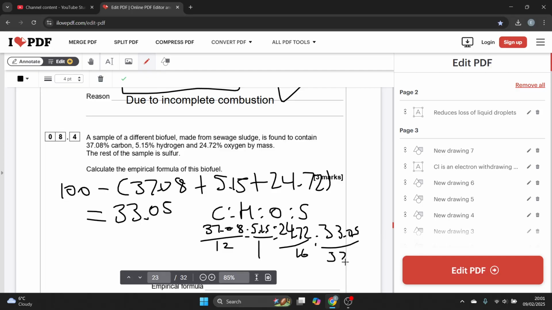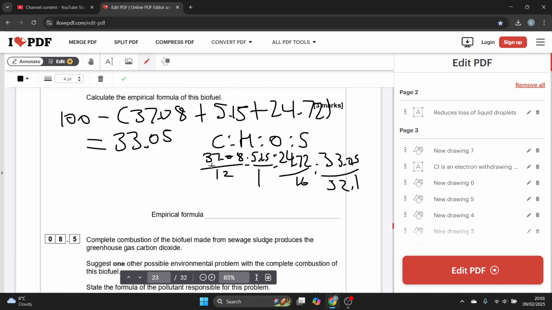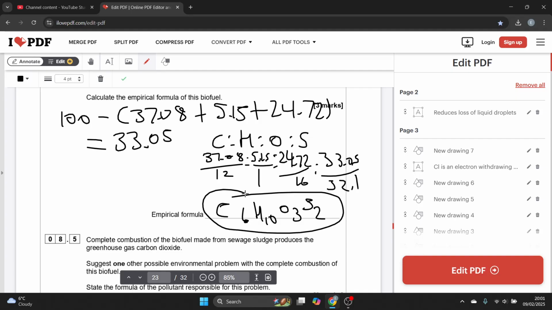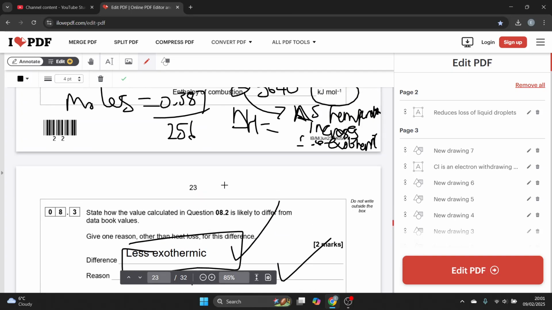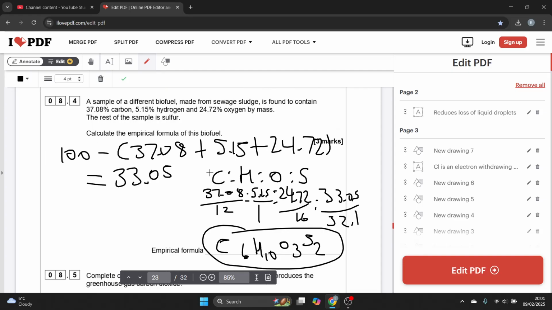And then you see the smallest mole ratio, and then you divide by that. I'm not going to go through that final part. Then you should get the empirical formula, the whole number ratio, as C6H10O3S2.